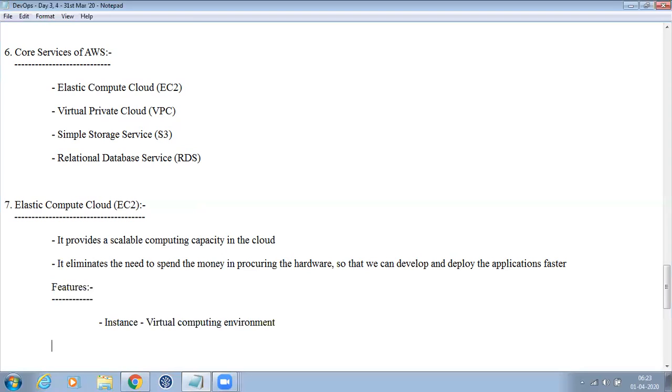EC2 has many names. People call it by different names. They call it EC2, EC2 server, or simply instance, or EC2 instance, or EC2 instance server. Any names we can call, but all mean the same. Nothing but EC2. Okay. They also call it an instance.